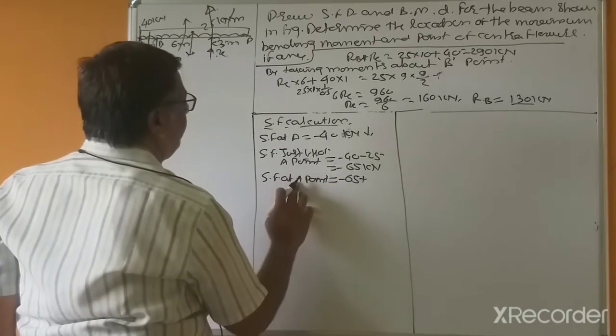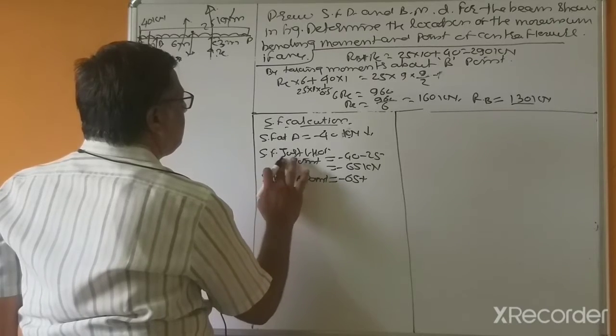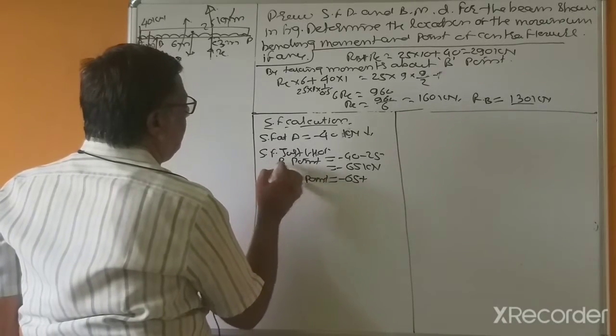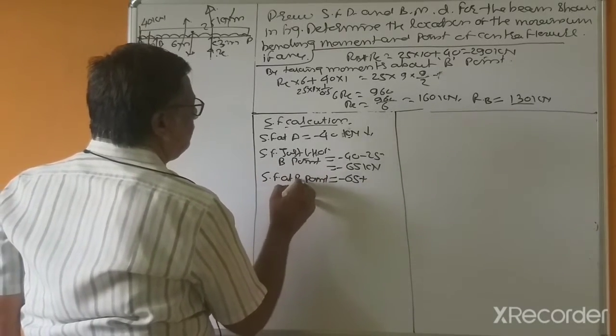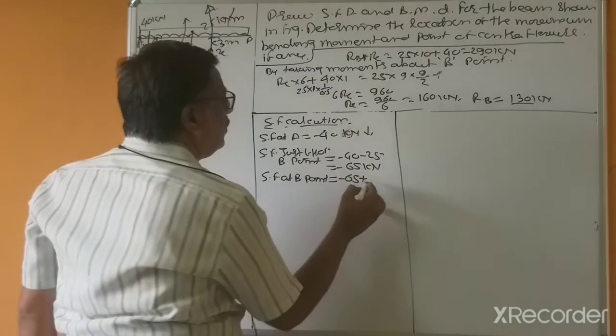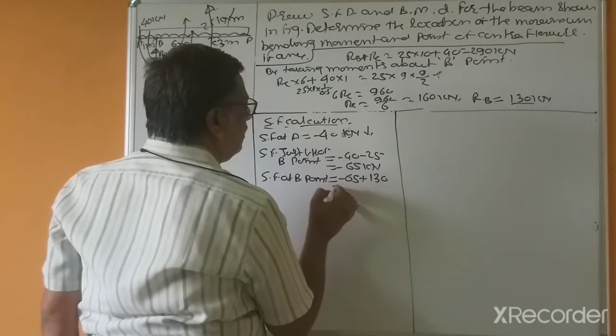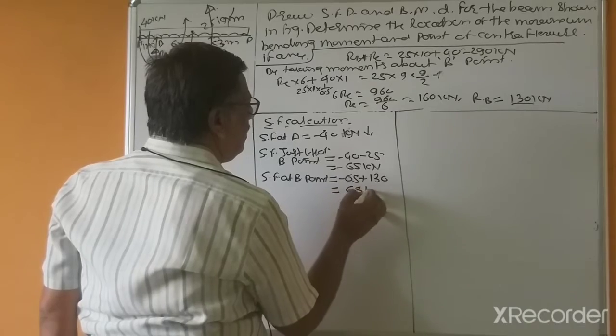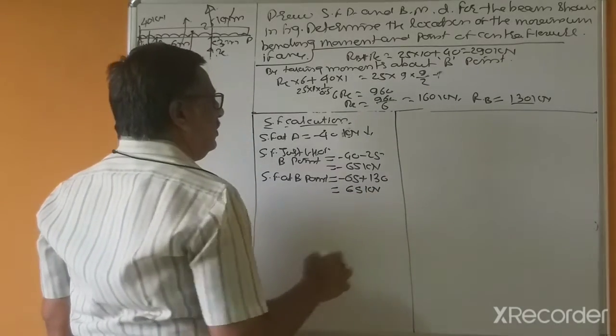Shear force just left hand side above the B point, this is B point, plus 130 equal to 65 kilonewton, and this is upward.